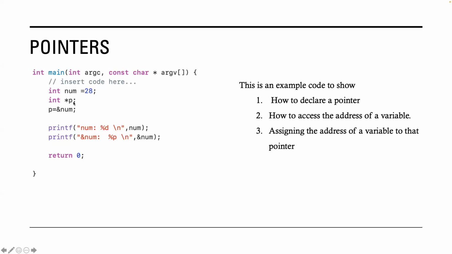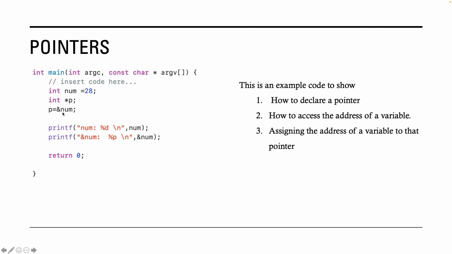And this is a pointer with variable type int. After declaring the pointer, we save the address of the num variable in that pointer.